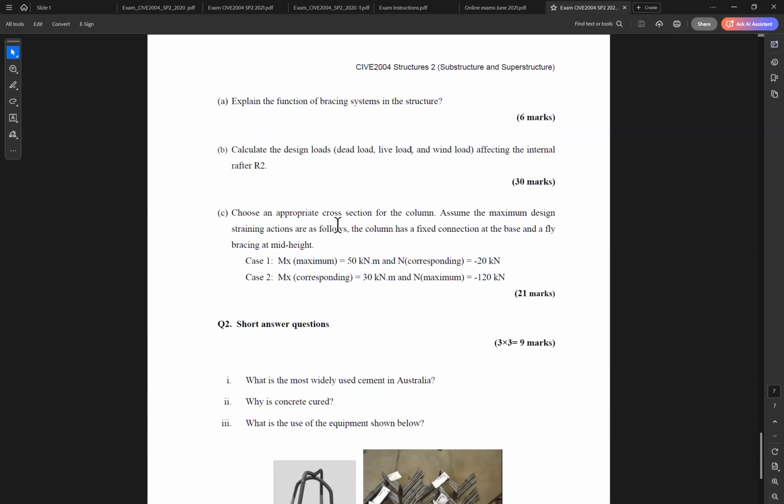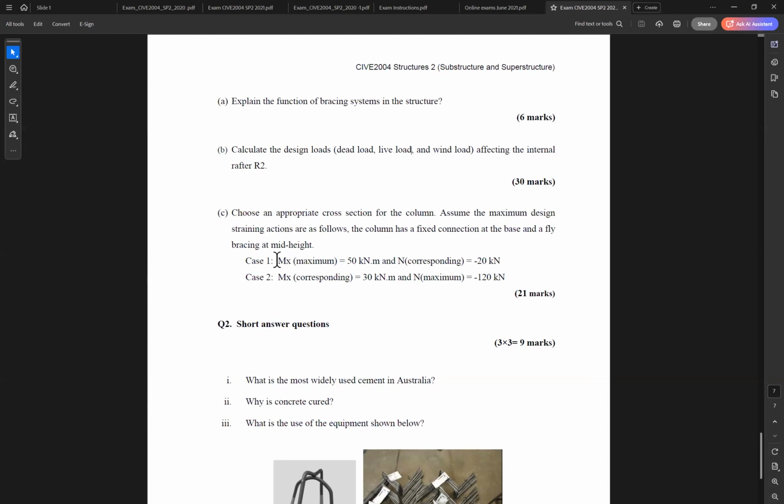Then choose an appropriate cross section for a column. So for the rafter, you need only to calculate the loads. For the column, choose an appropriate cross section. Assume the maximum design actions are as follows and has a fixed connection at the base and fly bracing at mid height. And this is a question about column design.